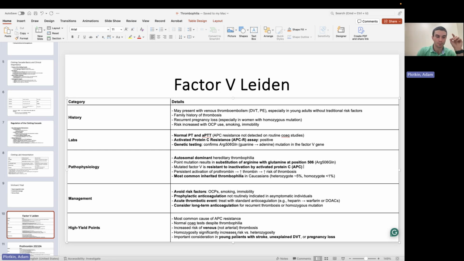One thing I did not talk about in this lecture, so I'm just going to mention now, I've seen questions on it where the patient will have a PE, a DVT, an MI, a stroke, some sort of clotting event, and they will literally have no risk factors, right?